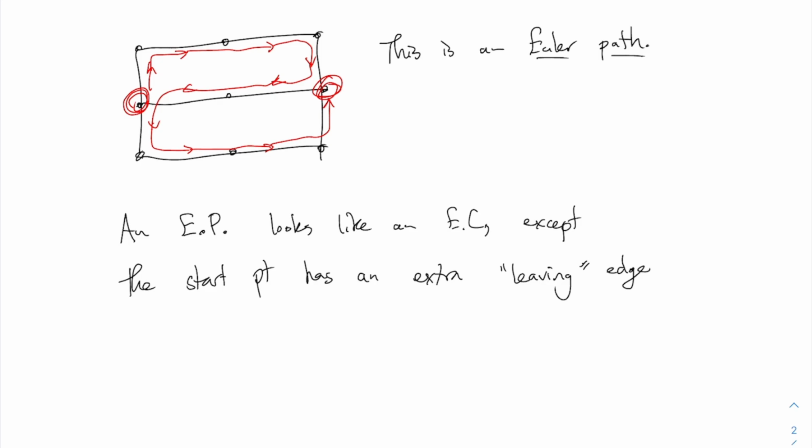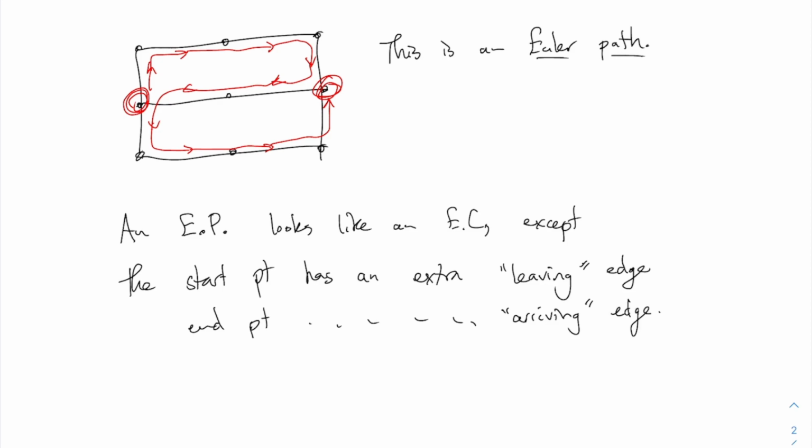I mean, it might come back once, but then it's going to depart again. It doesn't eventually come back to this point at the end. And so this point has an equal number of arrivings and departings, but it has an extra departure, an extra leaving edge. And the end point, for the same reasons, has an extra arriving, right? Because at the end, it arrives but never leaves.